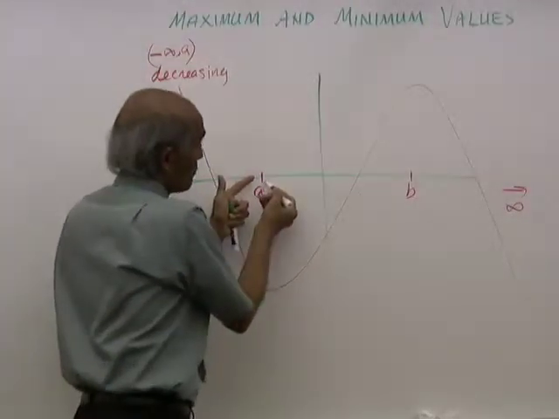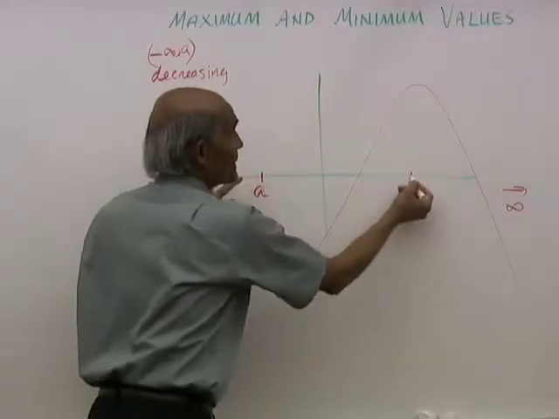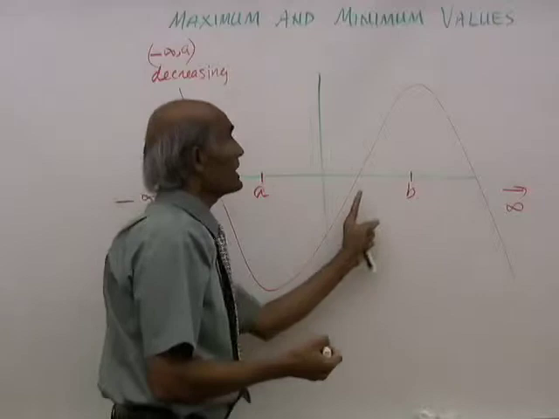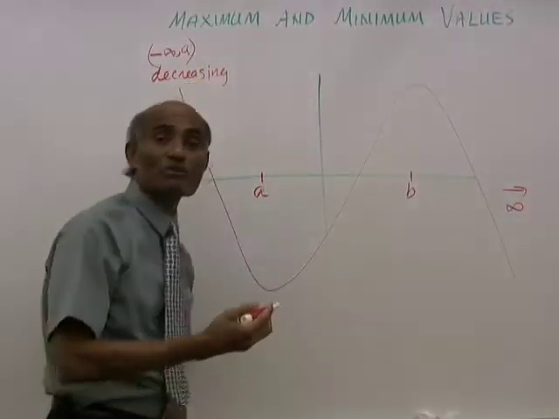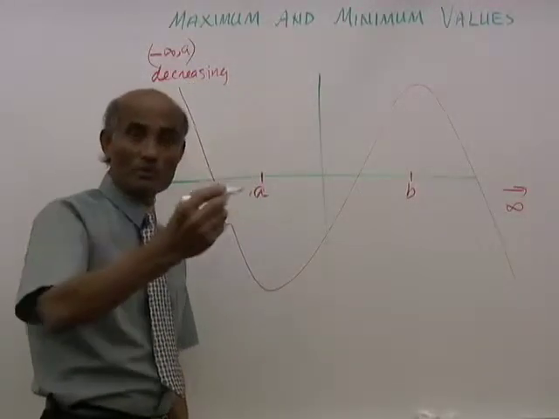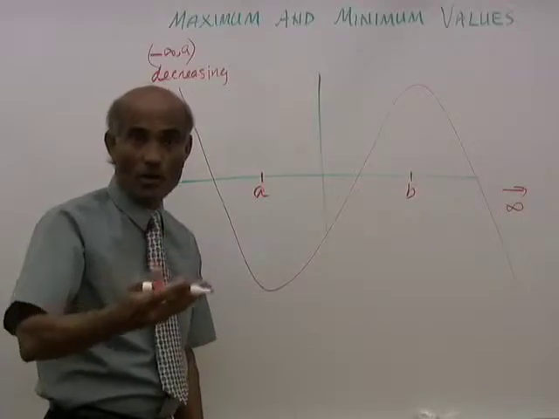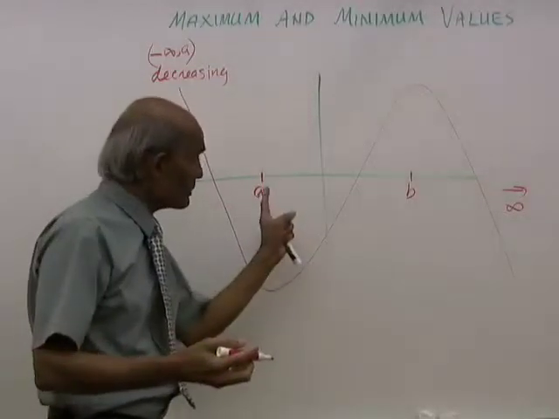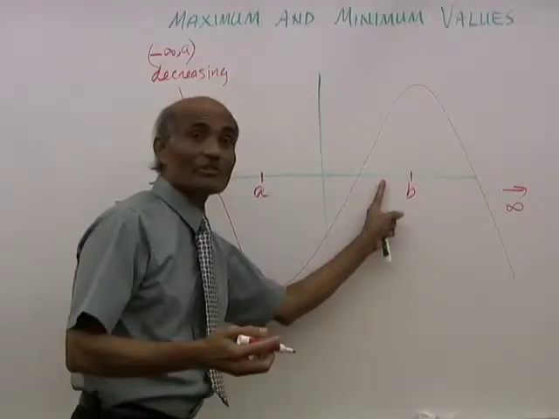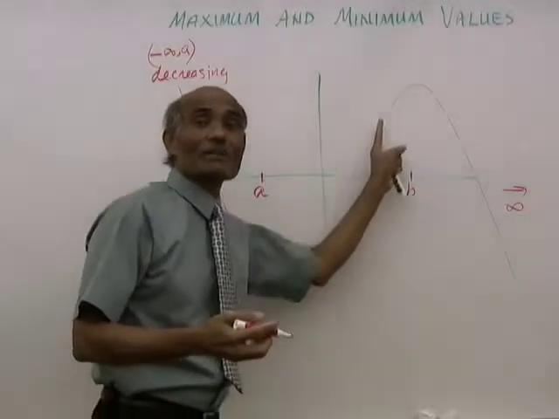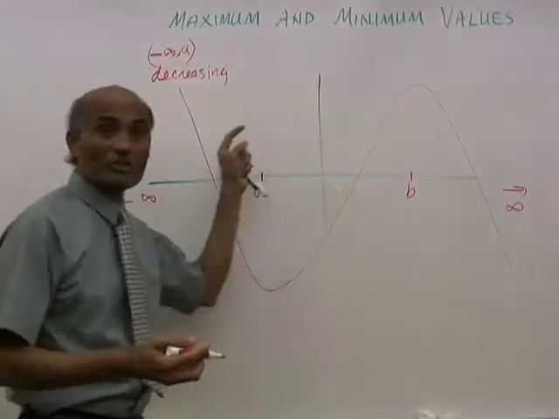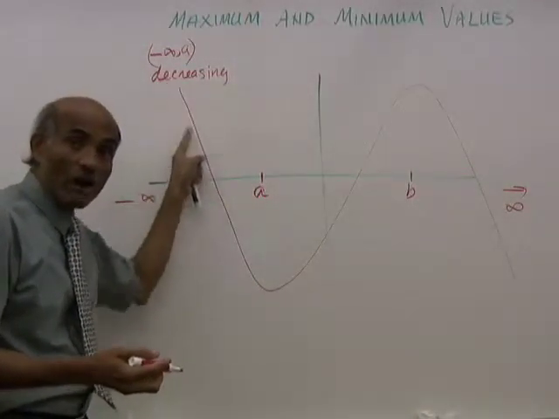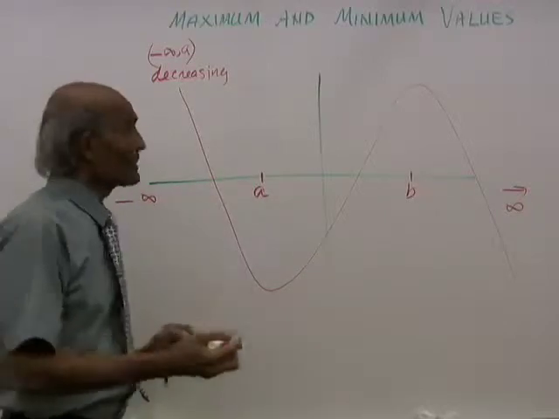And how about from x equal to a to x equal to b? From x equal to a to x equal to b, the function is increasing. I hope you understand what it means for a function to be increasing. It means when x increases, the function value increases. A decreasing function means when the input increases, the output decreases.